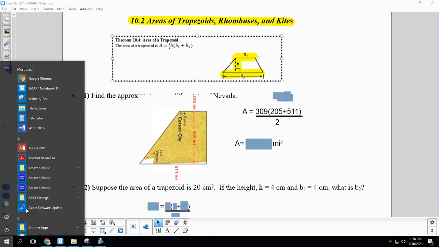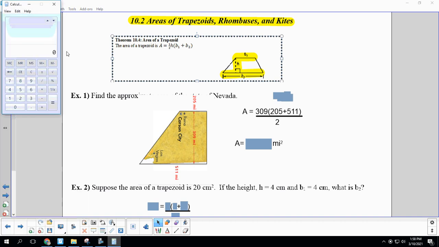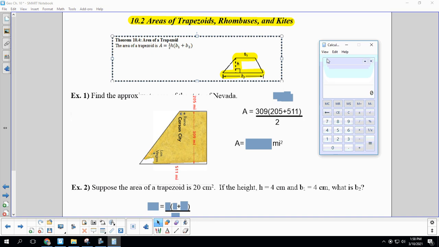I'll do one calculator calculation for you, just so you can see how that works. So we go 205 plus 511. I hit the equal sign because I don't want 309 to accidentally get multiplied by 511 and not the other stuff too.